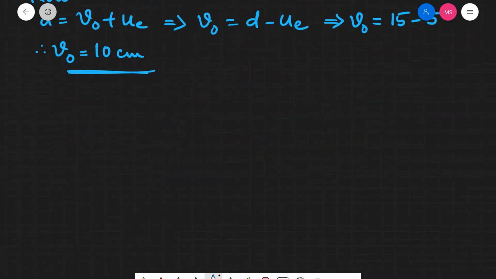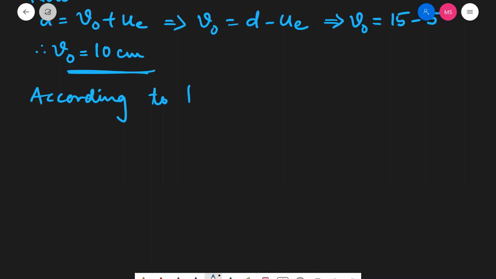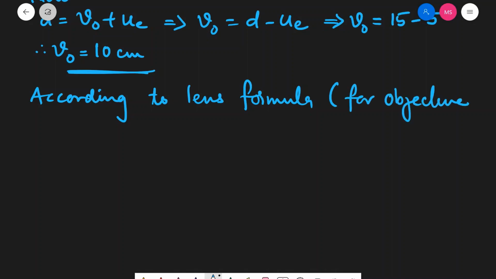Again using lens formula. So according to lens formula for objective, we will have minus 1 by UO plus 1 by VO is equal to 1 by FO.